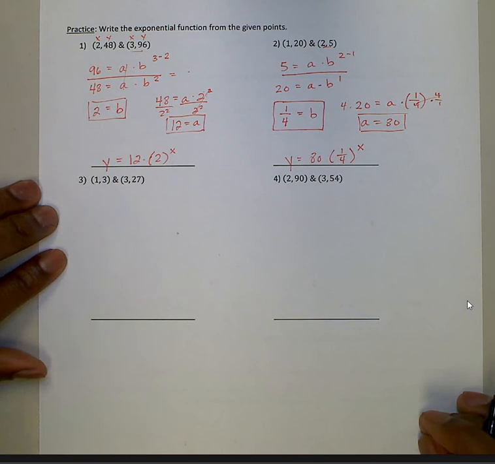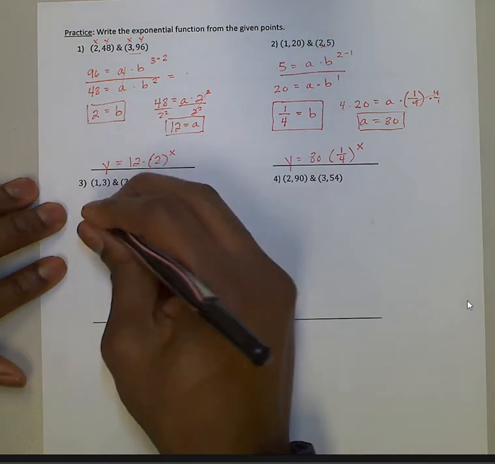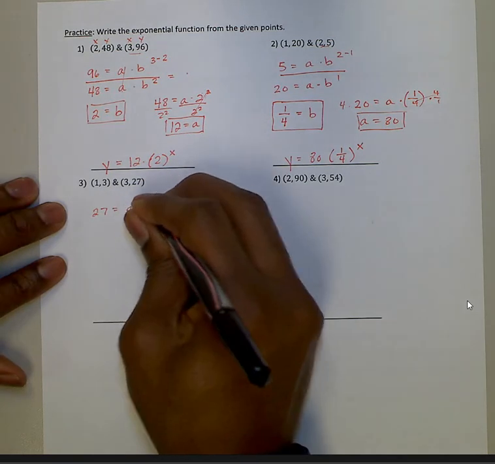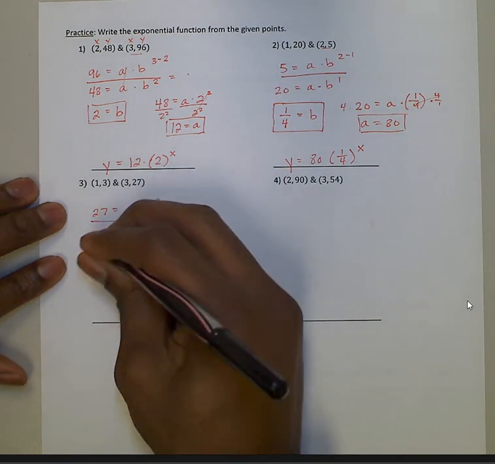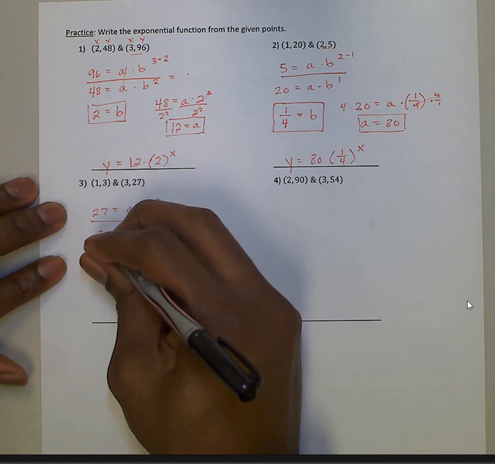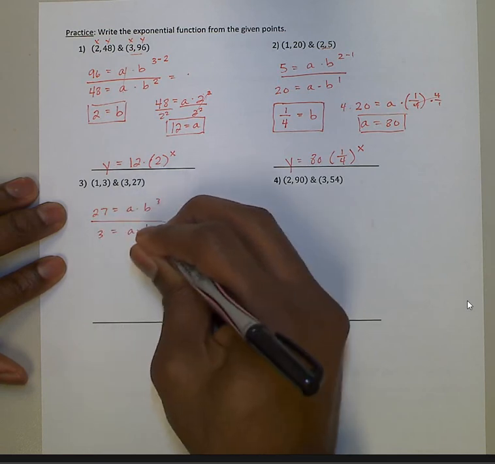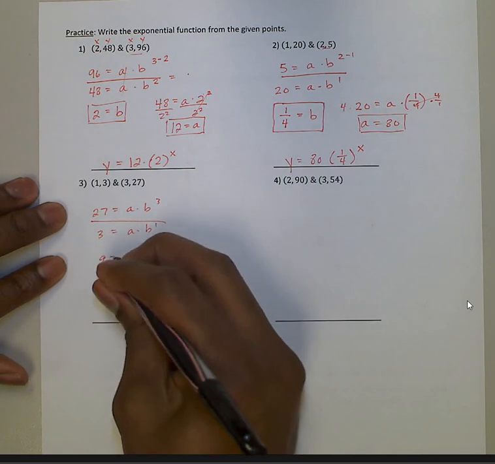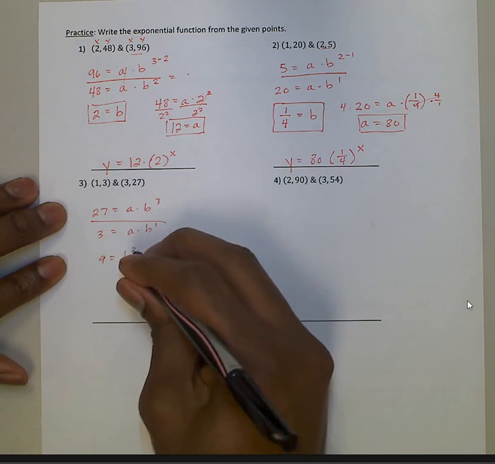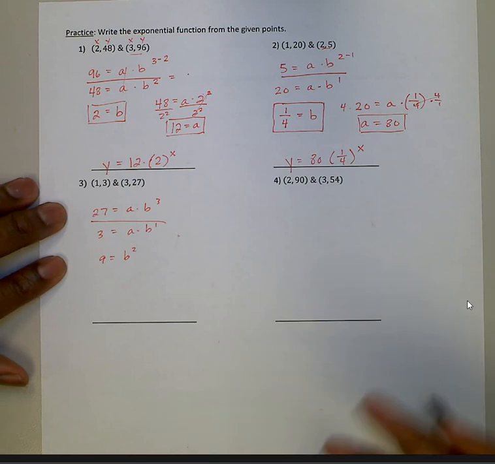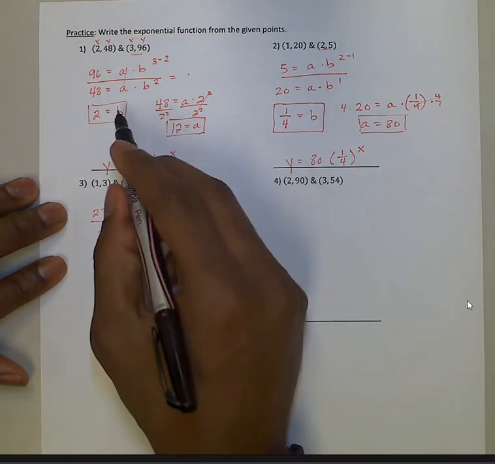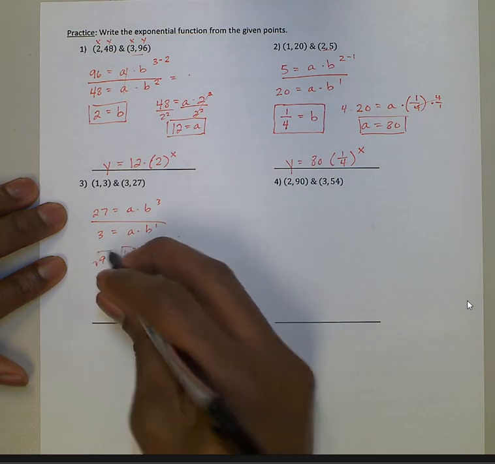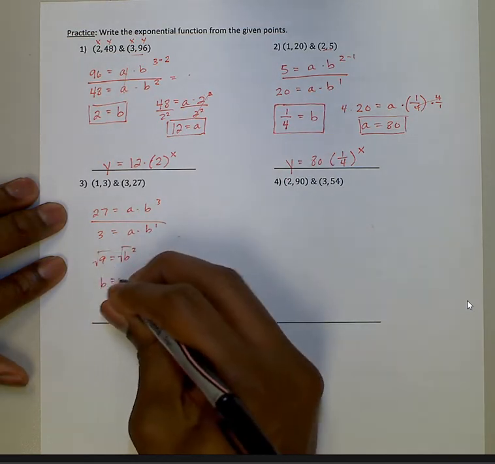Okay, do a couple more. 27 equals a times b to the third over 3 equals a times b to the first. Do the division: 9 equals b squared. Now I have to find out what b is, because notice that the other times I was just left with b. Now I'm left with b squared. I need to take the square root to get b by itself. So b is 3.